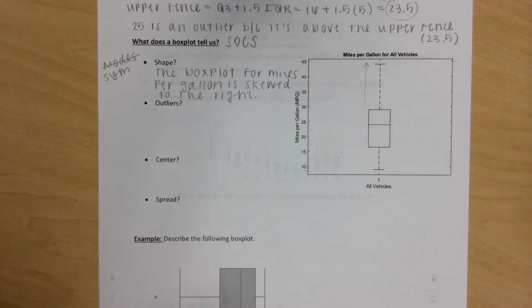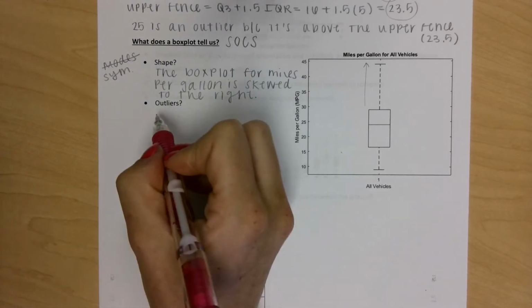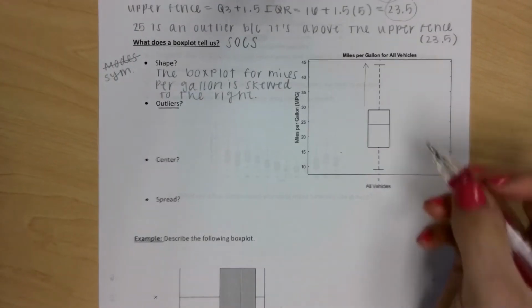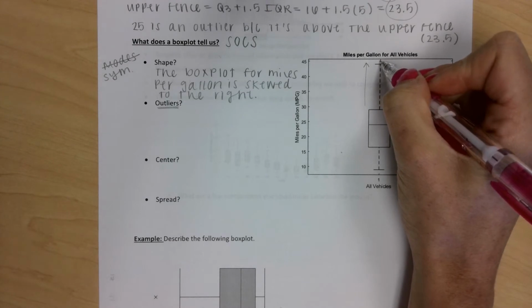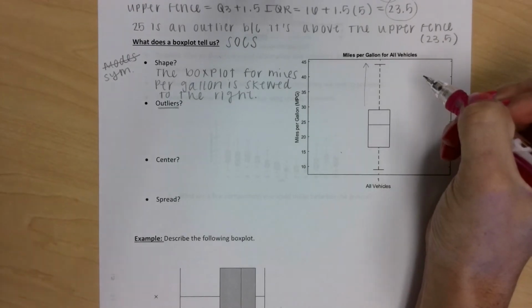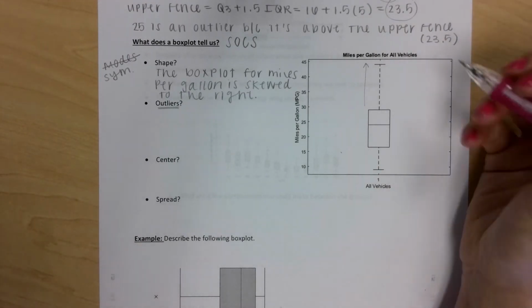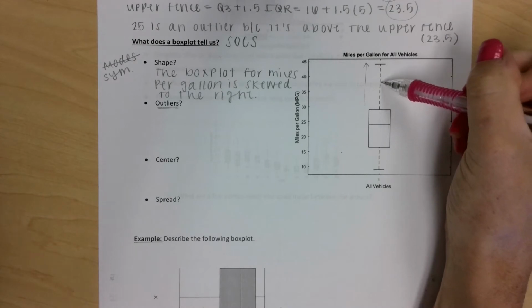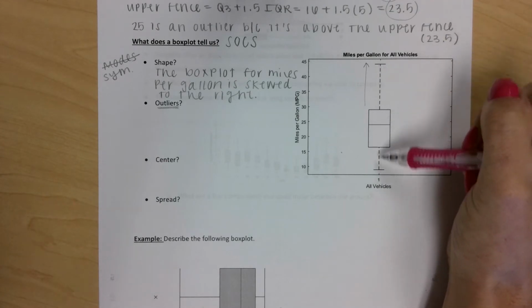What's really nice about box plots is they are the absolute best way to show if outliers are present. If there was an outlier present in this data, I would see a little dot, or sometimes it's an asterisk or an X, something along those lines showing you for sure this data point is an outlier. In this case, my whiskers or my tails extend all the way.